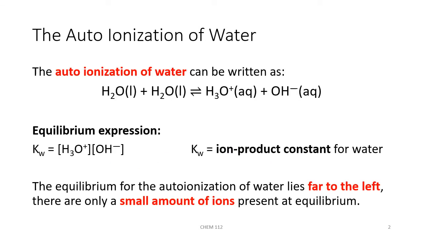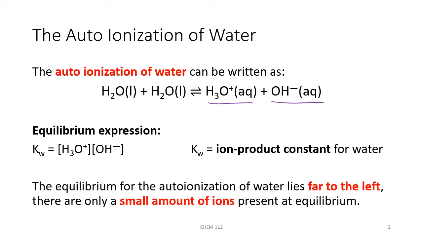We can write the formula for the autoionization of water as H2O plus H2O in equilibrium with H3O+ and OH-. The hydronium ion and the hydroxide ion are aqueous because they're still surrounded by water molecules.